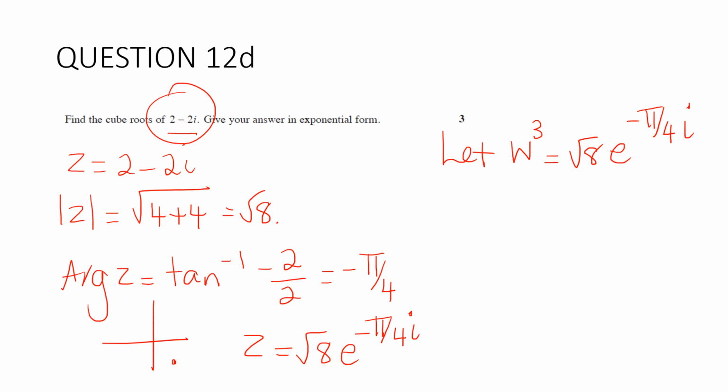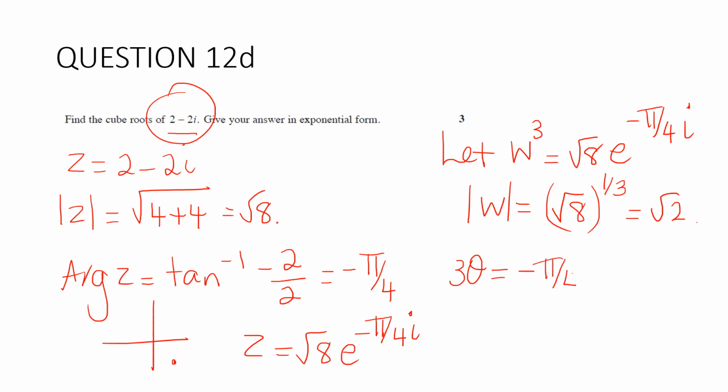Now we know that the modulus of w will be the cube root of the square root of 8, which is root 2. And we know that the argument, I'm going to call it theta, or 3 theta, will be equal to negative pi on 4 plus 2k pi, for k equal to 0 or plus or minus 1.